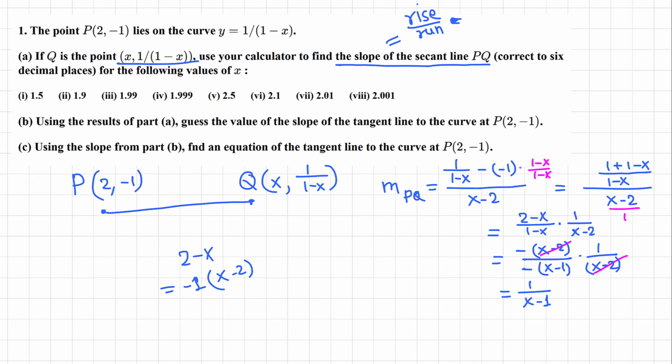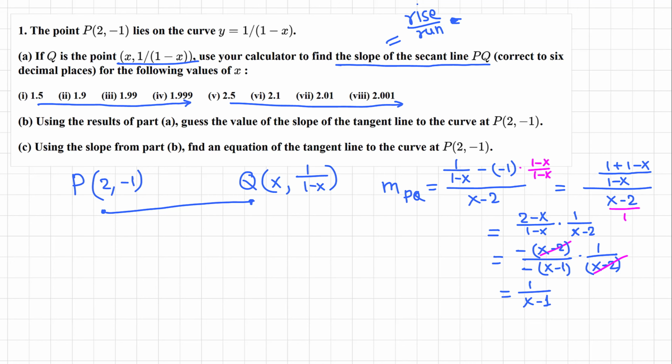Now in part A, we need to find the slope for different values of x. If we look closely, 1.5, 1.9, 1.999, they are marching towards 2. On the other hand, 2.5, 2.1, they are decreasing towards 2. So we have two different groups. We will be using this slope formula to calculate the actual slope, because this is for generic x and y.